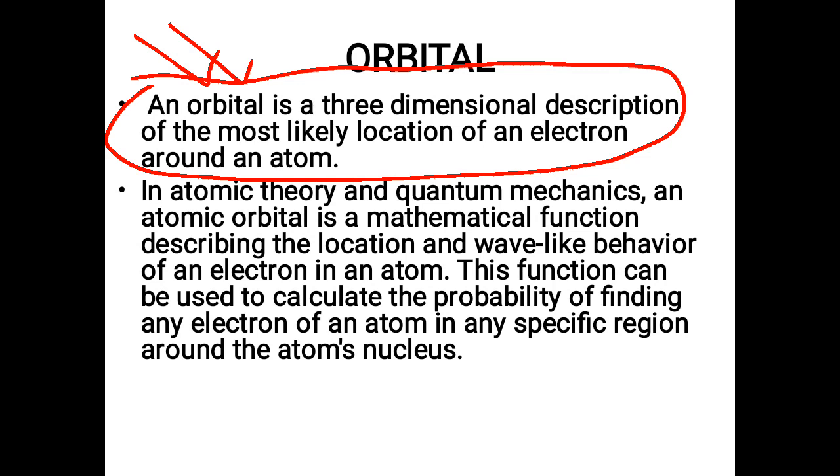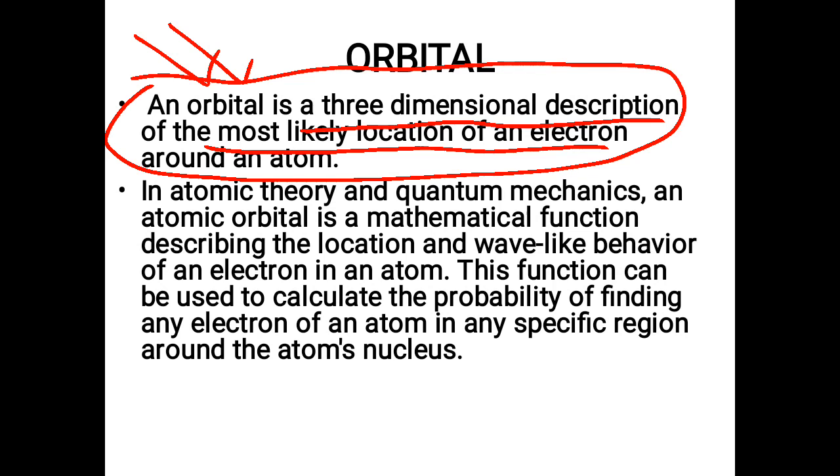So Schrödinger solved this problem. He gave a clear idea of the position of the electron around the nucleus, and he used the word orbital. That's why it is defined as a three-dimensional description where electrons are found with maximum probability.